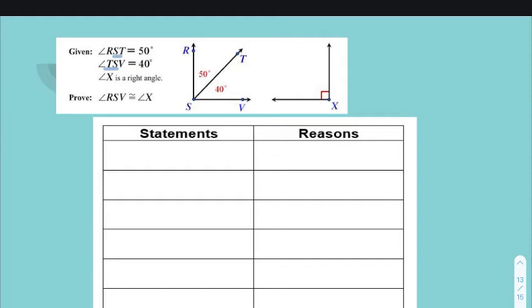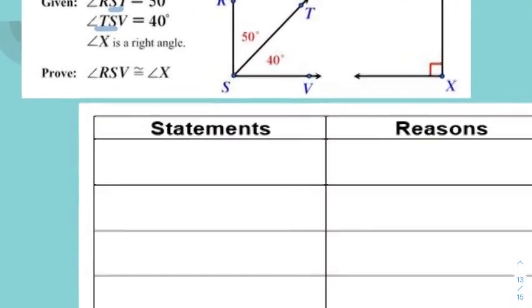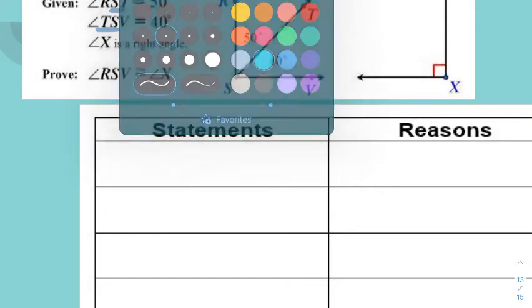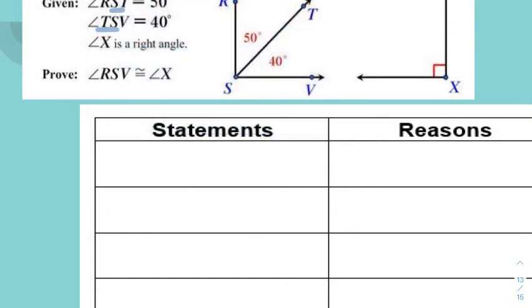All right, so let's go ahead and list out. Let's start with our angle RST and angle TSV. I'm going to list both of those in the same statement. So angle RST equals 50. Of course I said that, and then I can't fit it, so let me erase just a little bit so that I can fit it all together.